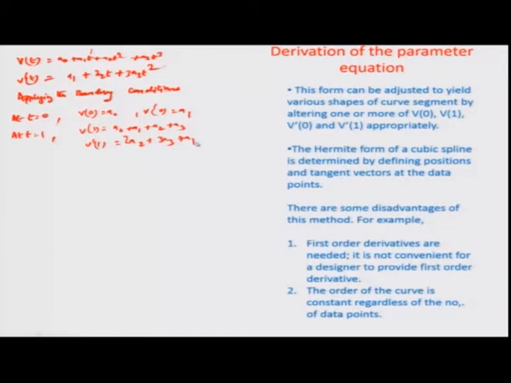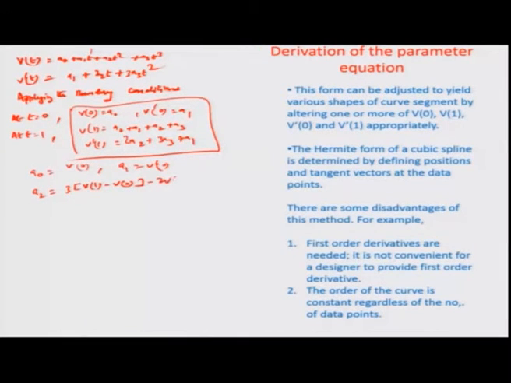That is how you define the boundaries, and if we solve all these 4 equations, there are 4 variables and 4 equations, so you should have a unique solution. a0 is represented by v0 already, a1 as we can see is represented by v dash 0, a2 is represented by thrice v1 minus v0 minus twice v dash 0 minus v dash 1, and a3 is represented by twice v0 minus v1 plus v dash 0 plus v dash 1.